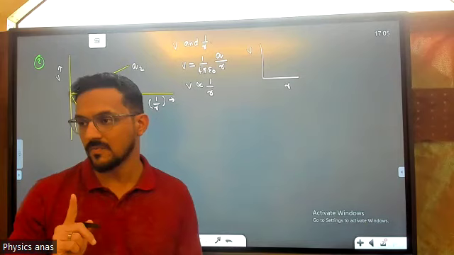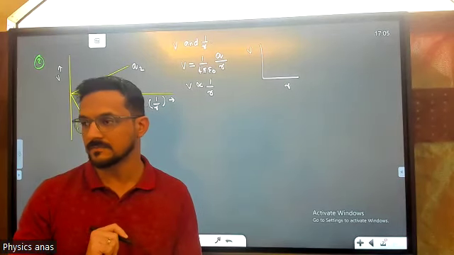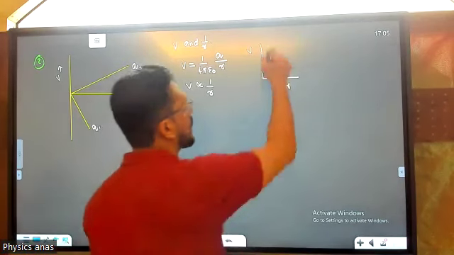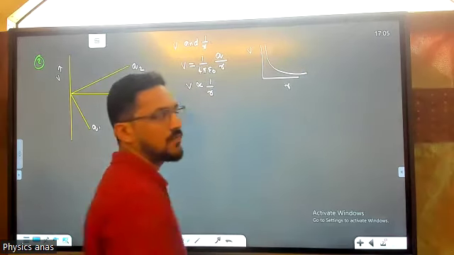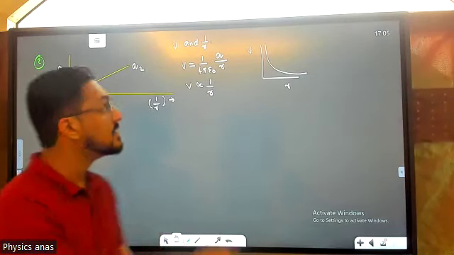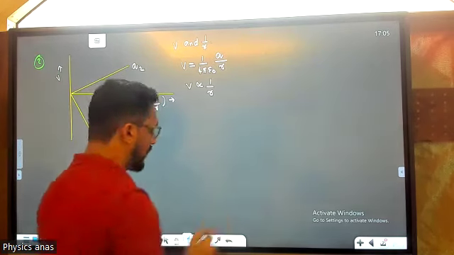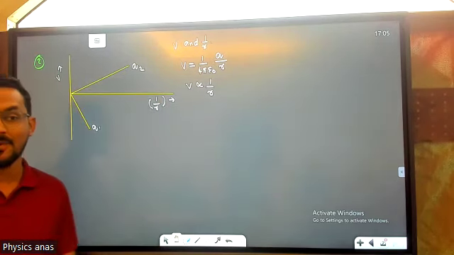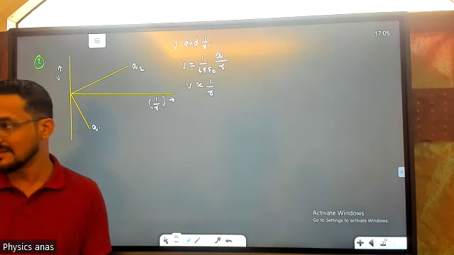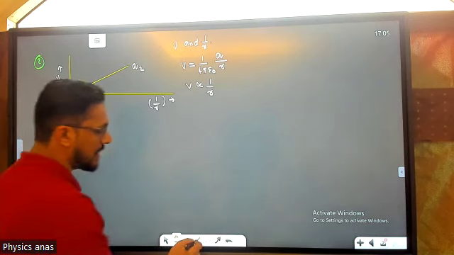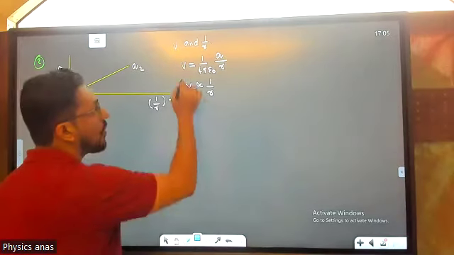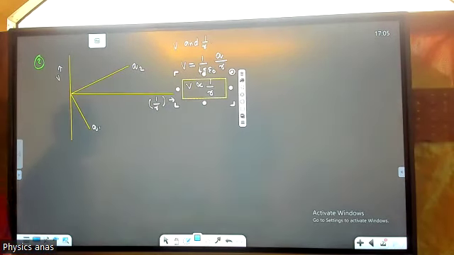What is the shape of that graph? Rectangular hyperbola, right? But this is a straight line. Why? Because V is directly proportional to 1 by R. That's why this graph is a straight line.